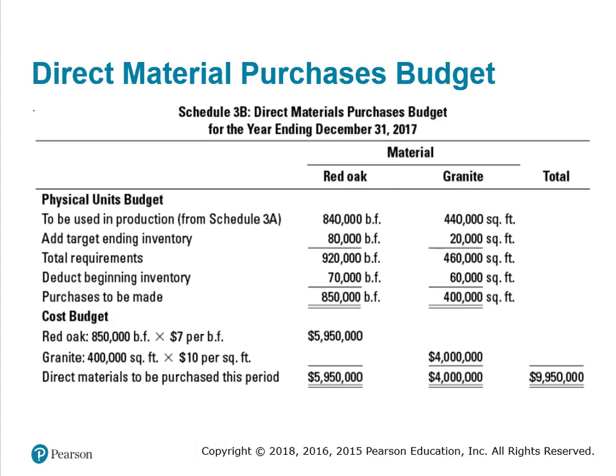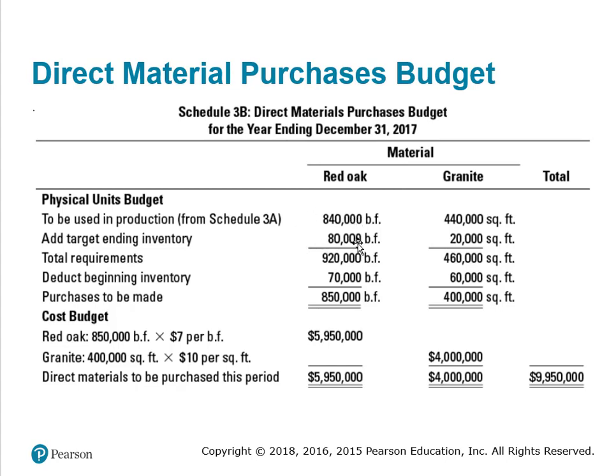And here's the purchases budget. The purchases is, these are the materials used. This is what we need, 840 and 440 square feet or board feet. Add target ending inventory. Here's our total requirements. Less beginning inventory is purchases. Okay, so we're going to use 840,000 in production.